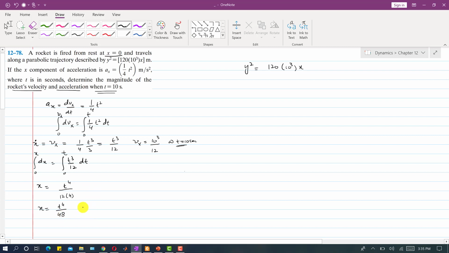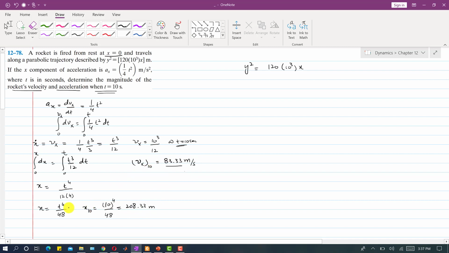Now we can find the position after 10 seconds, x10, by putting t equals 10: 10 to the power 4 divided by 48. When we solve this, the velocity after 10 seconds in the x direction is 83.33 meters per second, and the position of the rocket in the x direction is 208.33 meters.